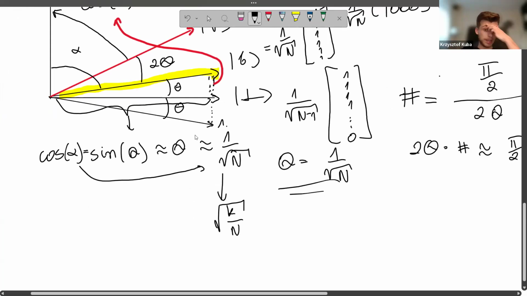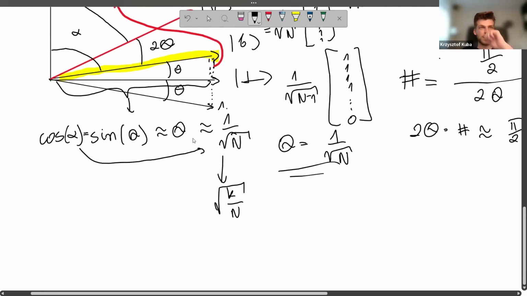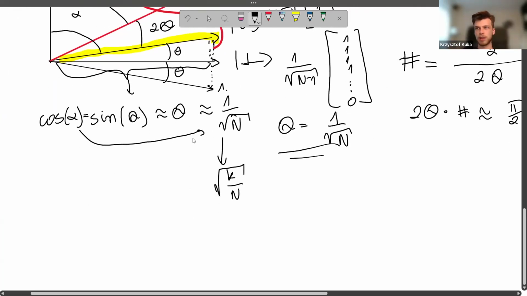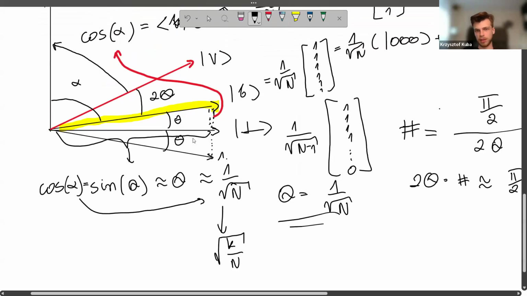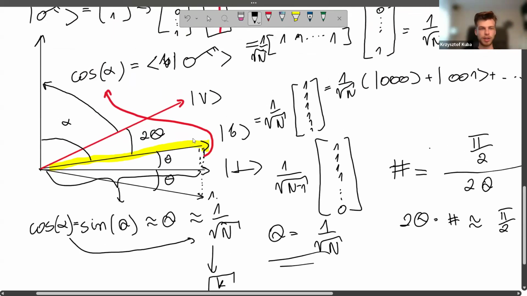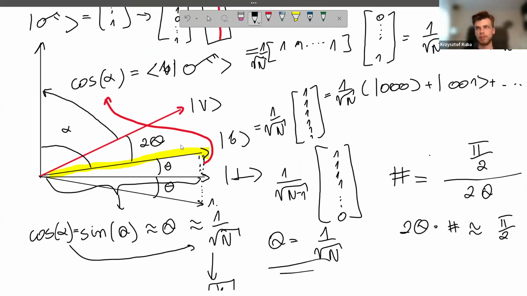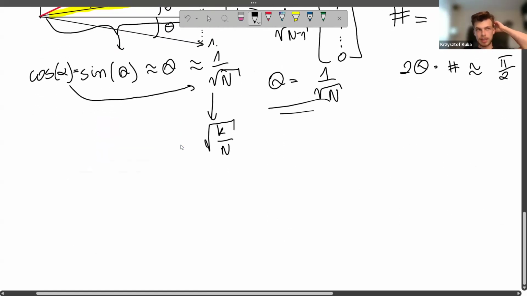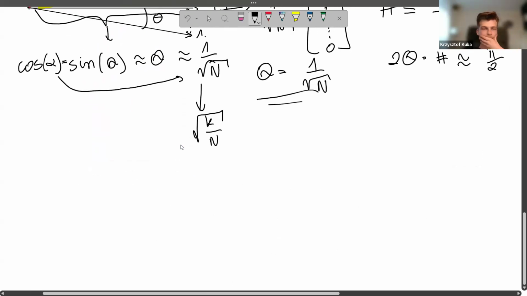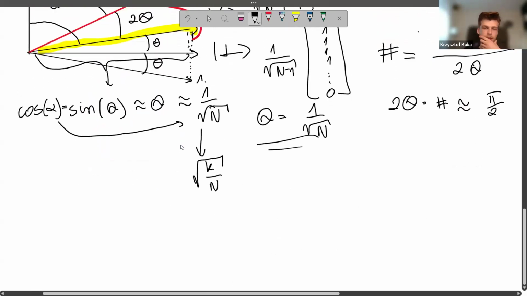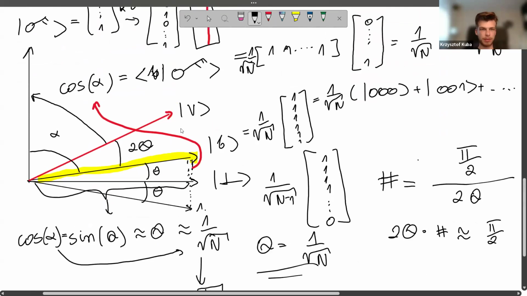So now the question is how to implement all of those gates, because I've been showing you those vectors and how to map from one to another, but we don't know how to implement it on a quantum computer. Let's start with the phase flip.